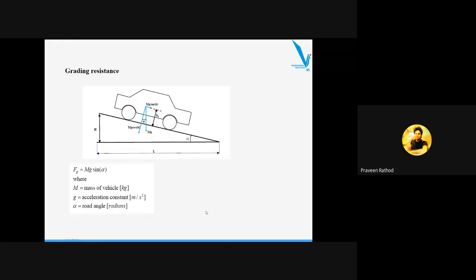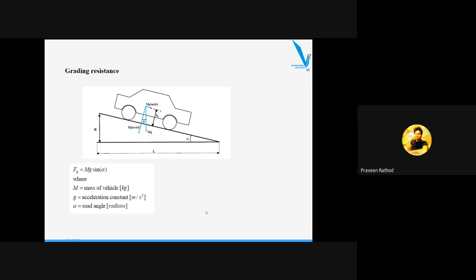So grading resistance, or gradability as we call it, arises when a vehicle goes up or down a slope. The vehicle weight produces a component of force that is always directed downwards.